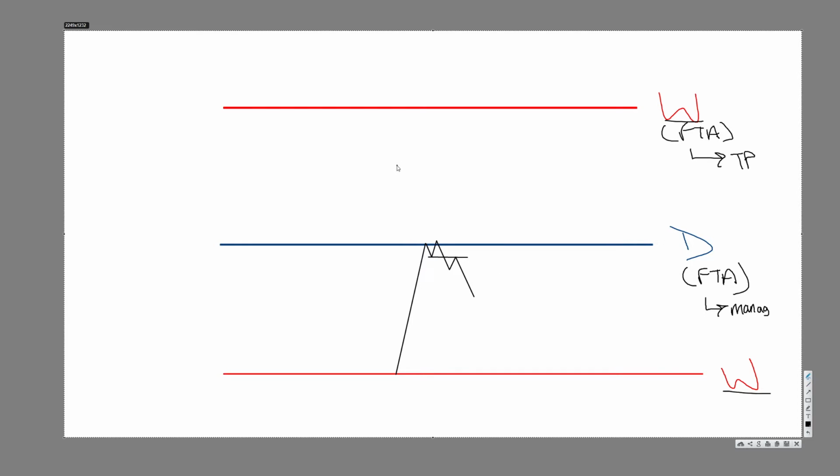Again, if we're being aggressive, we can pretty much close the trade if FTA fails to break. Because the signal that the market is telling you is essentially that if your high time frame idea is correct, the price is going to travel from weekly level to weekly level. As we talked about in the very first diagram, necessarily that would imply that levels between those two would need to be broken for price to reach the opposite boundary or the next weekly level.